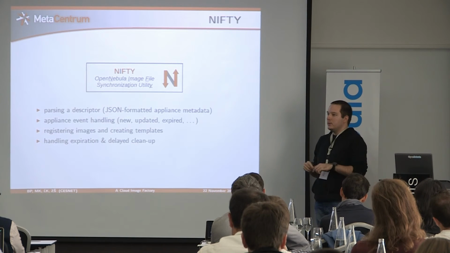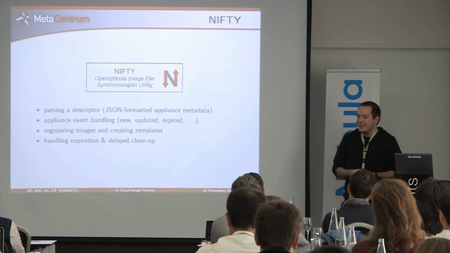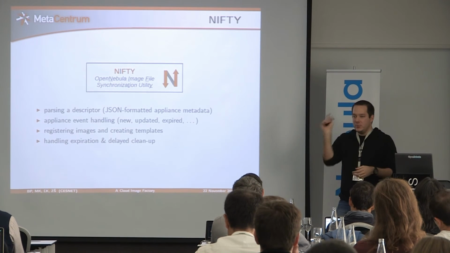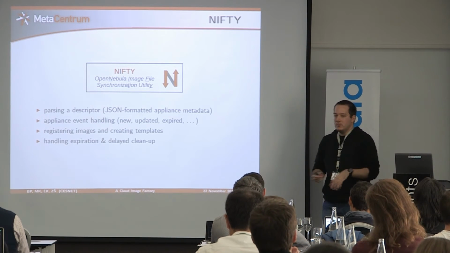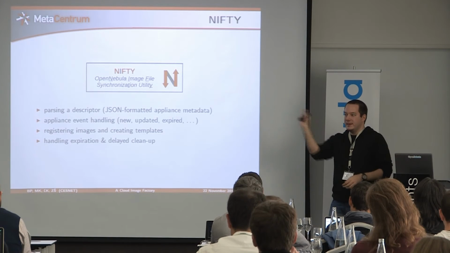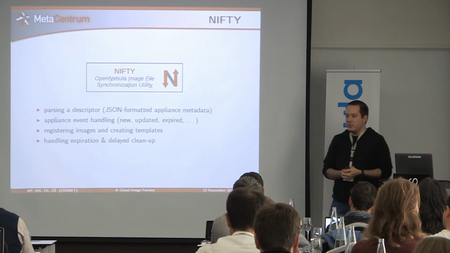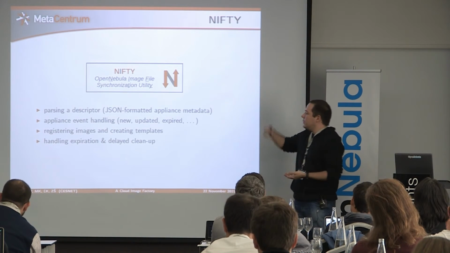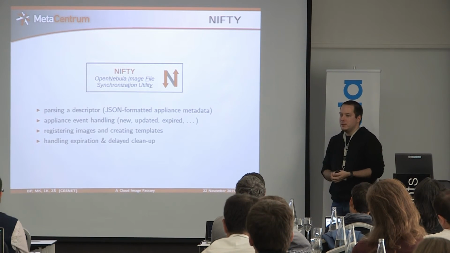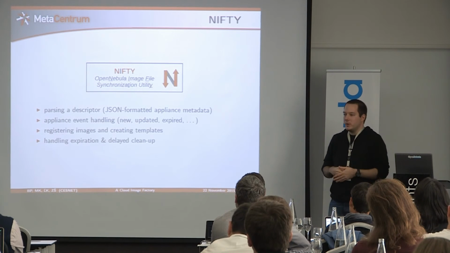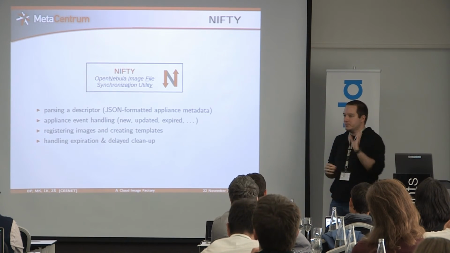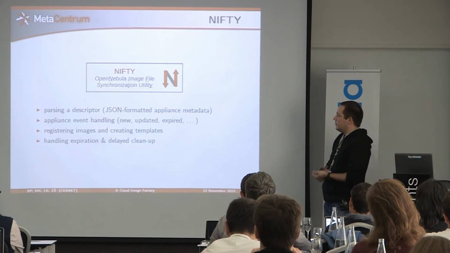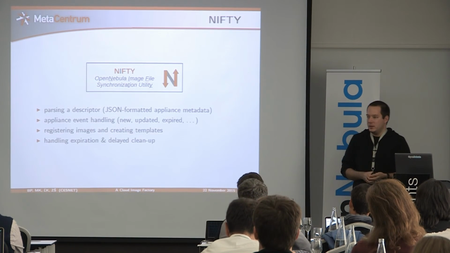There is a template of templates or meta template where you can predefine your generic OpenNebula template with some simple variables. In most cases, put the disk here. And that's done by Nifty, and then it will register the template, set the correct permissions, change group, change zone, whatever you need, and the appliance is ready for the user.